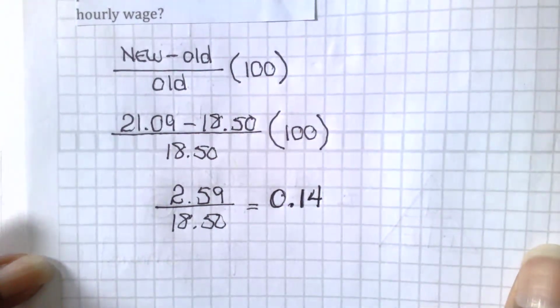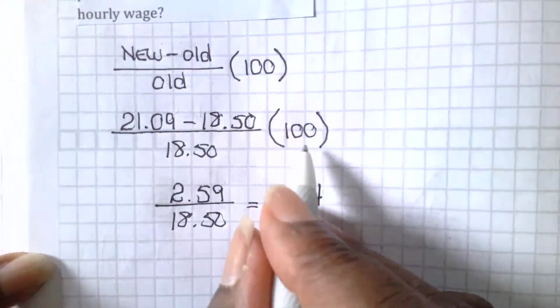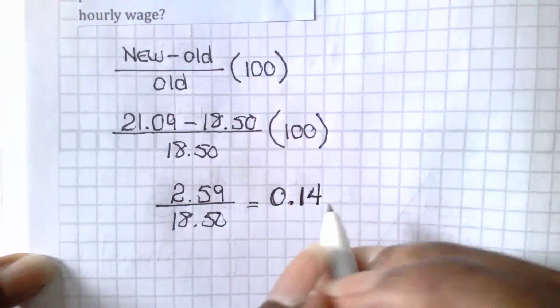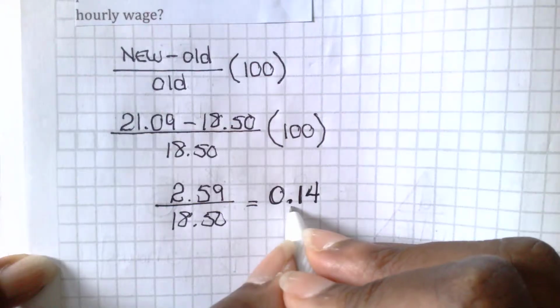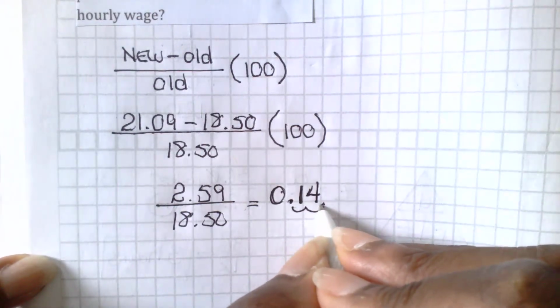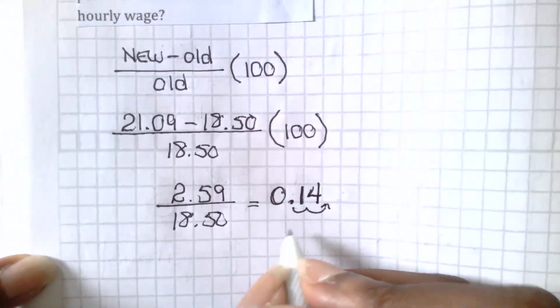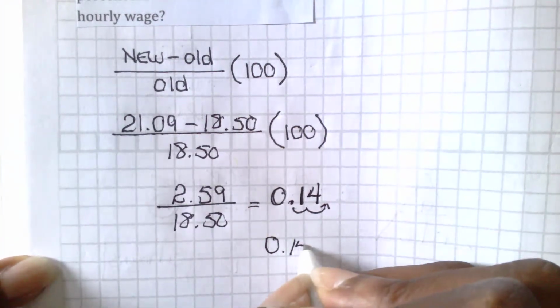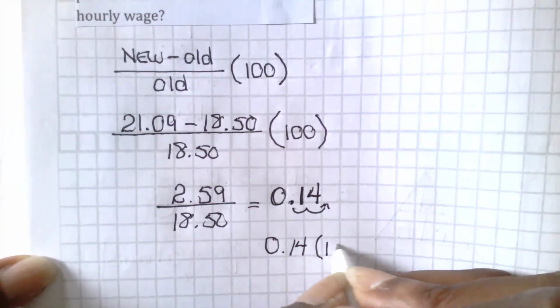But remember the last part. What do we have to do to change this from a decimal to a percent? Some of us may remember you can move it 2 places to the right, or you can multiply it by 100.